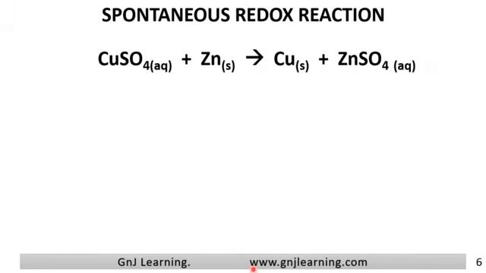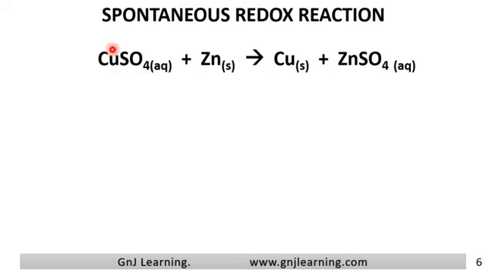We'll pass on to the next topic, that is spontaneous redox reaction. We have seen that a galvanic cell uses a spontaneous redox reaction. So before going to galvanic cell, we will have a quick look at basic terms and basic understanding about redox reactions. Here we are considering a redox reaction in which zinc metal is dipped in copper sulfate solution.